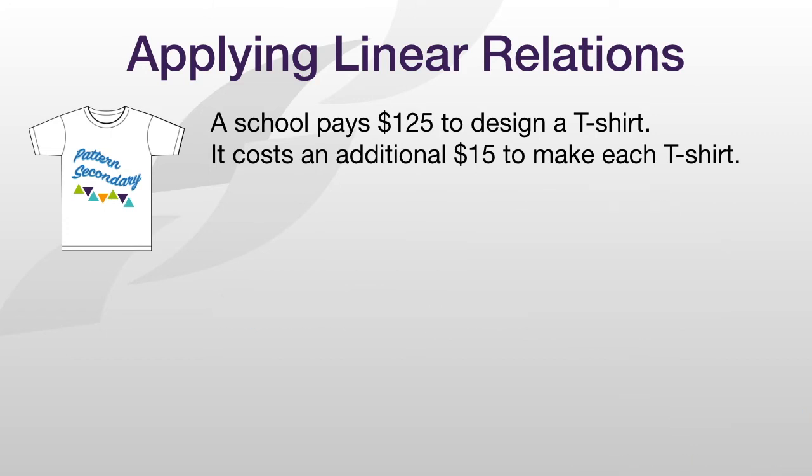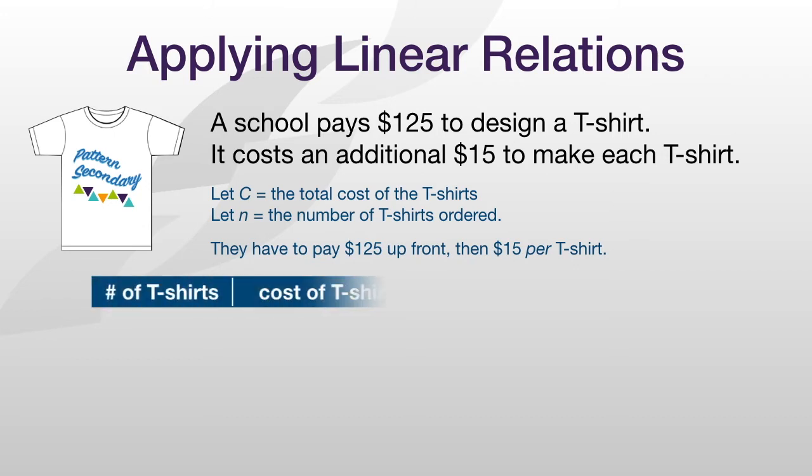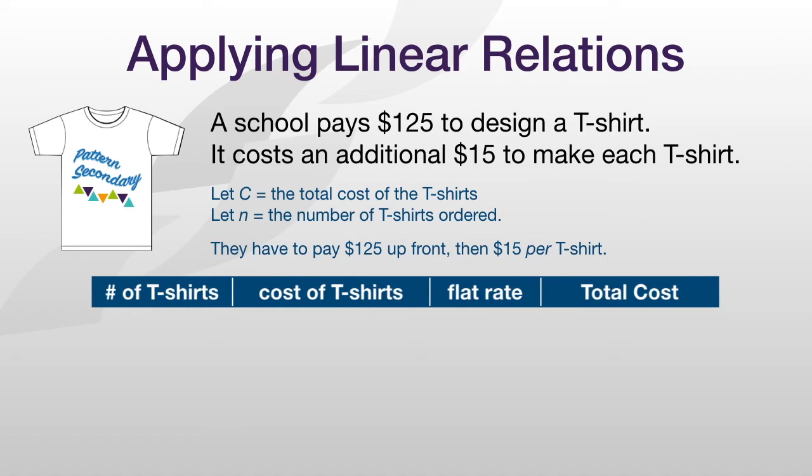To develop our equation, first let's define our variables. Let C equal the total cost of the t-shirts, and let N equal the number of t-shirts ordered. We know that they have to pay $125 up front, then $15 per shirt. One approach to developing an equation is to use a table of values.